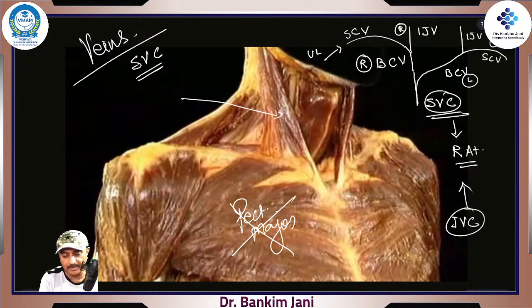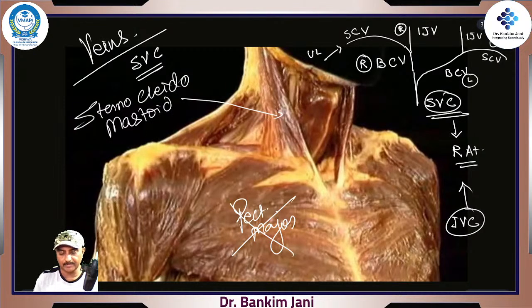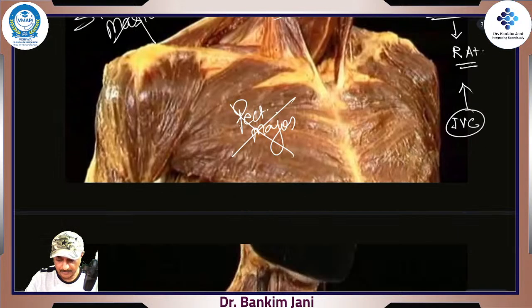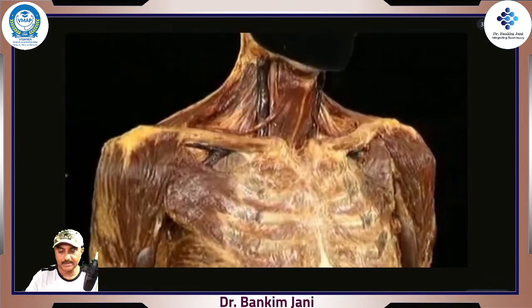So we clear this sternocleidomastoid, which connects the sternum, the clavicle (cleido), and the mastoid process, just behind the ear. So we remove this muscle also. These are the muscles which we remove, and we see something.